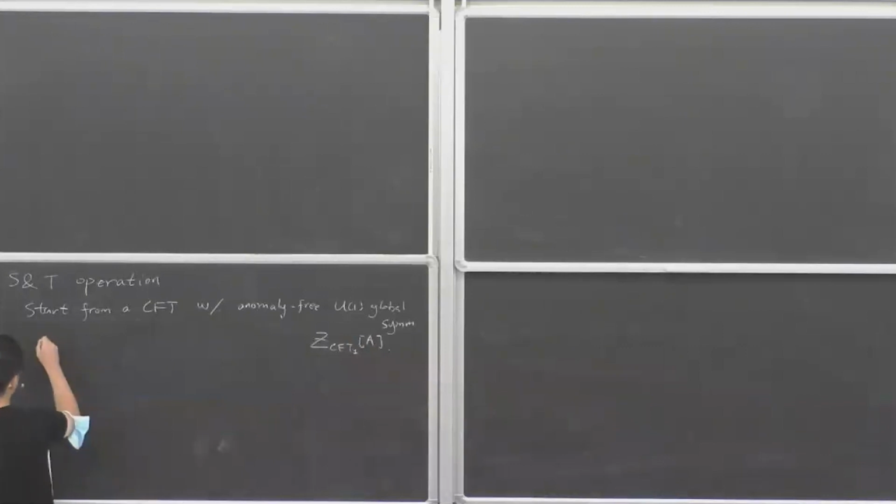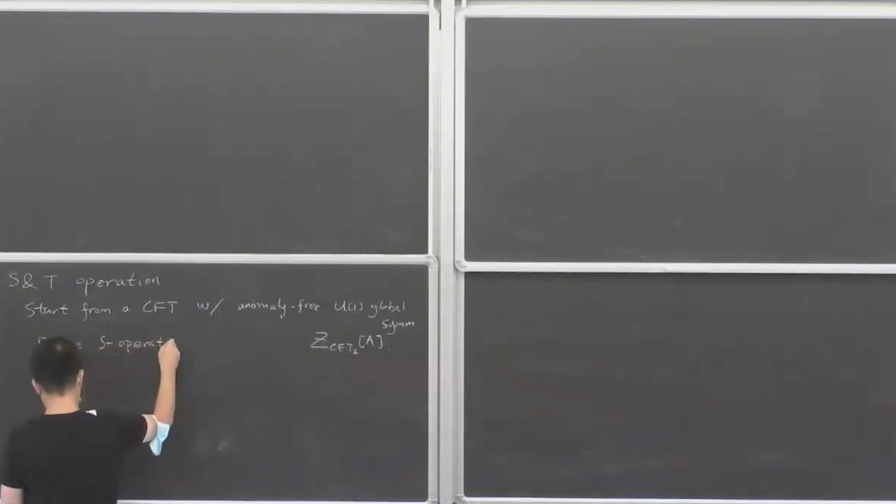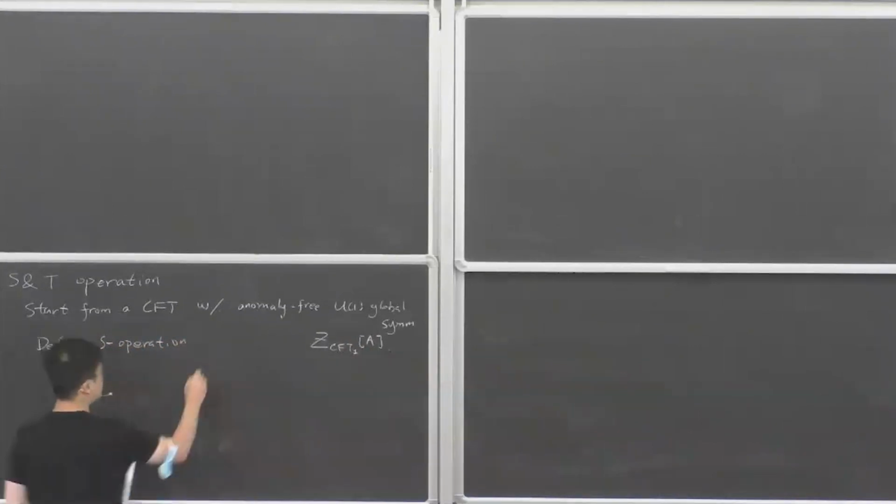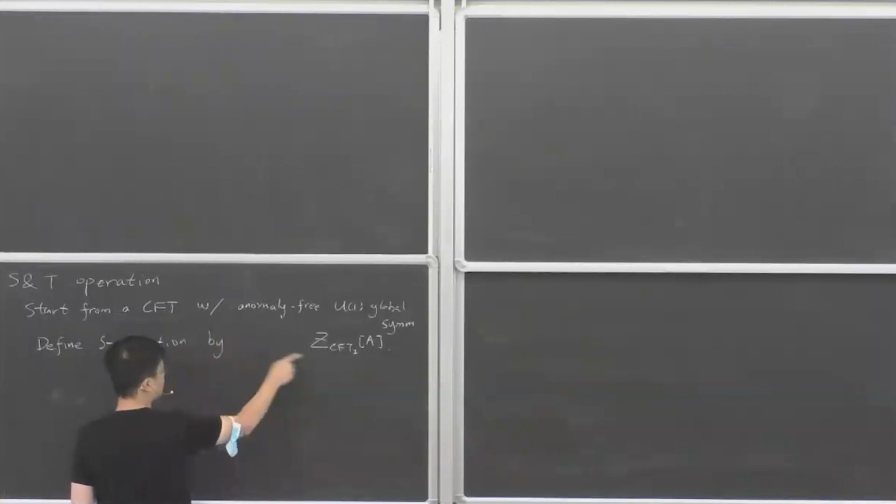So now we define the S operation, essentially by making this capital A dynamical.